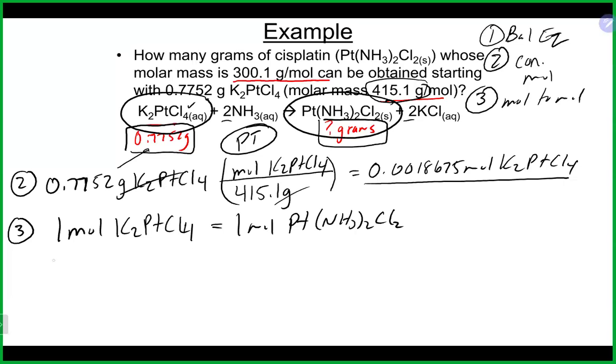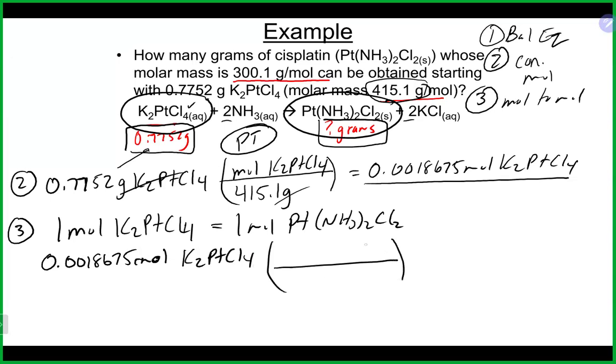So we'll continue with our number from above, 0.0018675 moles of K2PtCl4. Again, opposites cancel, so we do want to go opposite here. So we're going to put this guy on the bottom.